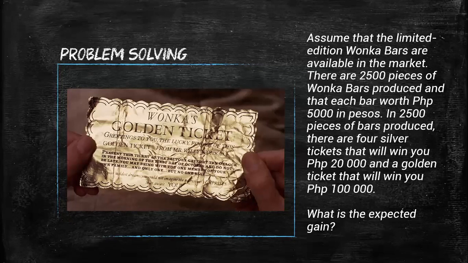Yung isa naman golden ticket. Okay? So, since this is based on our lesson, meron tayong random variable na may probability. Okay, sige. First question muna. From the problem itself, ano sa tingin niyo yung may probability?